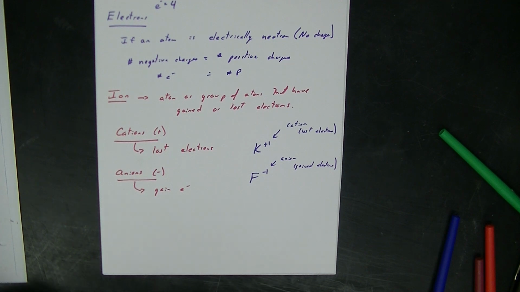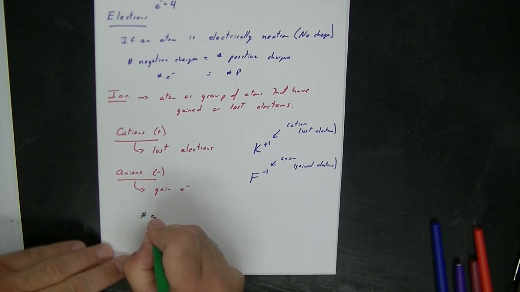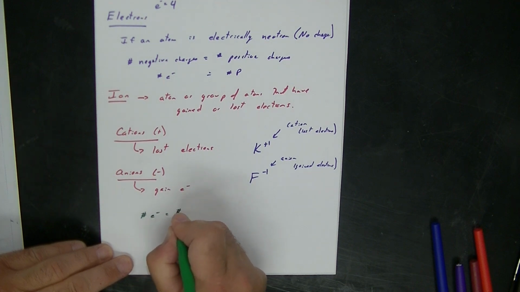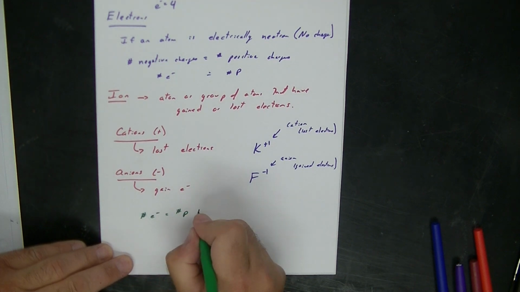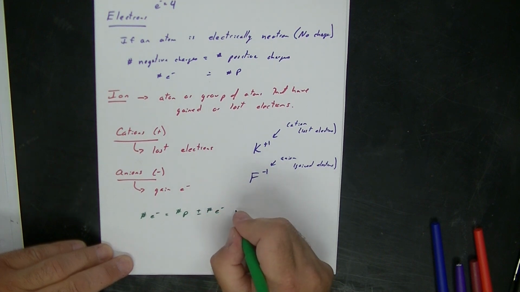Now there's a formula for the number of electrons in an ion. The number of electrons is equal to the number of protons plus or minus the number of electrons lost or gained.